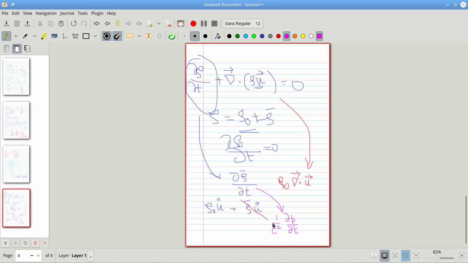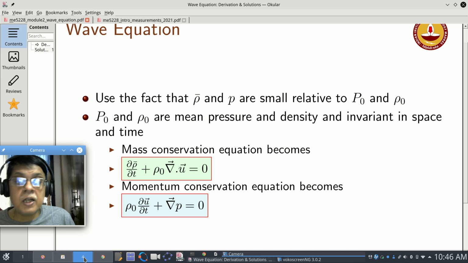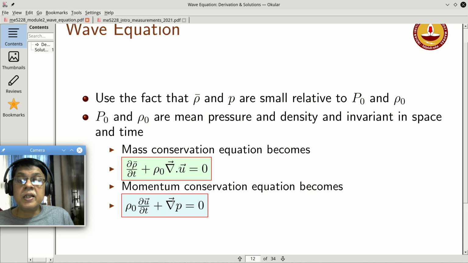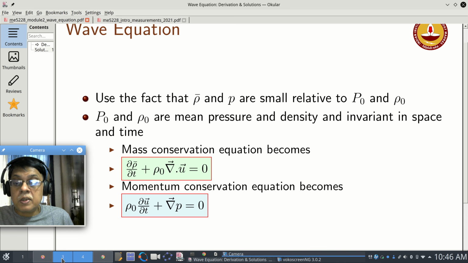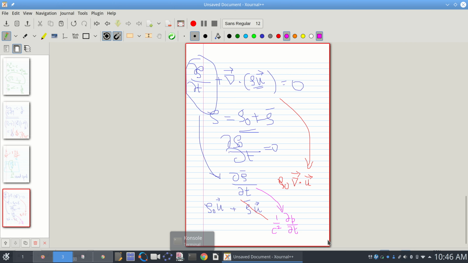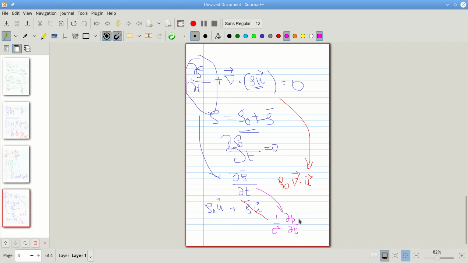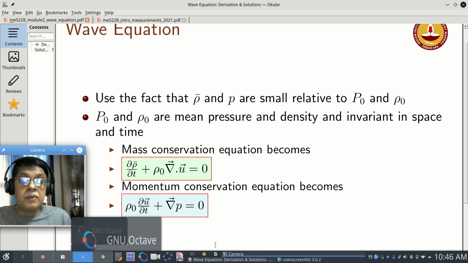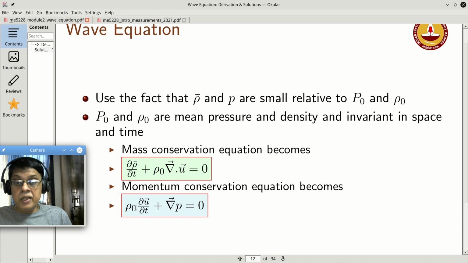So you got that. Of course, what do I have? This is the momentum. Sorry, I have gone one step ahead and replaced that already here. That's fine. Basically, in the mass conservation equation, now I have only p and u. In the momentum equation, again you can see the dou by dou t of rho u that I have.